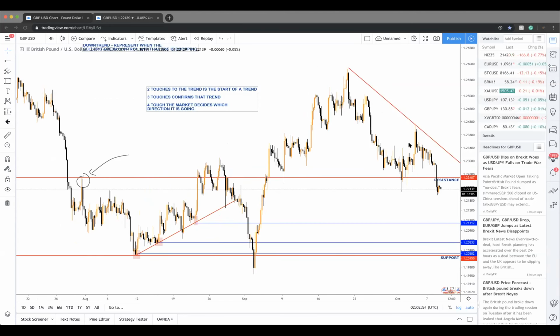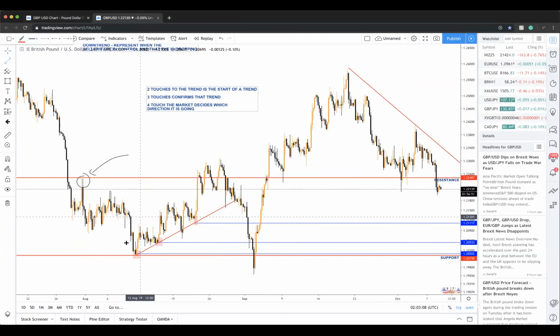Now, the question most people ask is, JL, can I identify the resistance of that uptrend? Because I see that when the market was going up, it was having some trouble breaking some prices to the upside. Yes, when we identify the resistance of a trend, we are now looking at what is considered a channel.